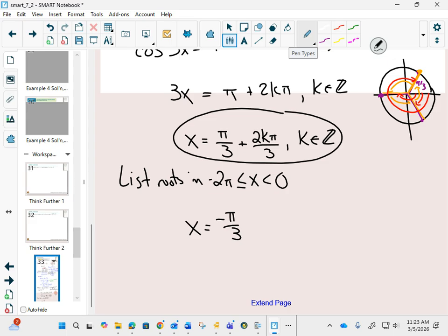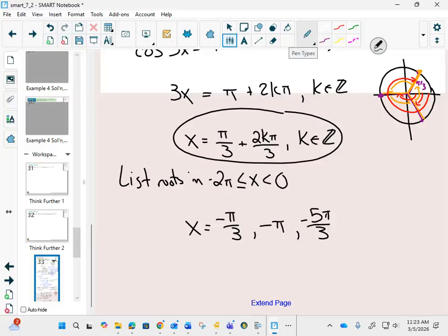The one in quadrant 4 is going to be negative pi over 3. The one at pi is going to be negative pi going in the opposite direction. And the one in quadrant 1 is like going 4 quadrants. So I take my answer in quadrant 4 for pi over 3, which is 5 pi over 3, and that'll be negative as well.